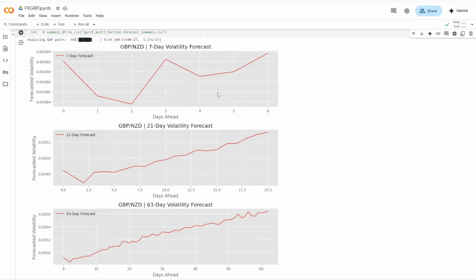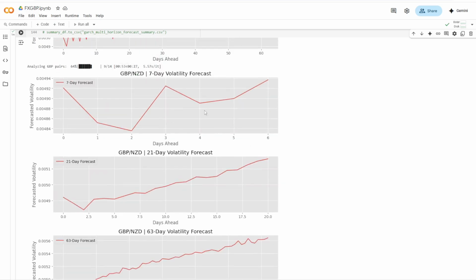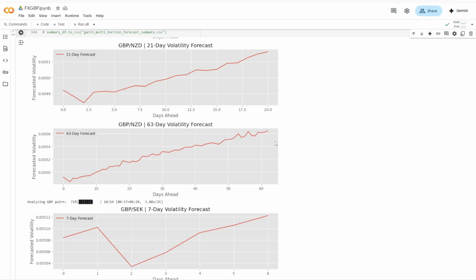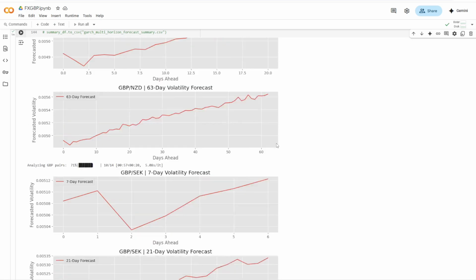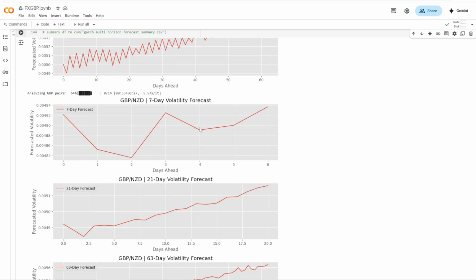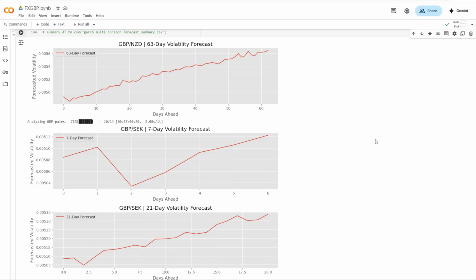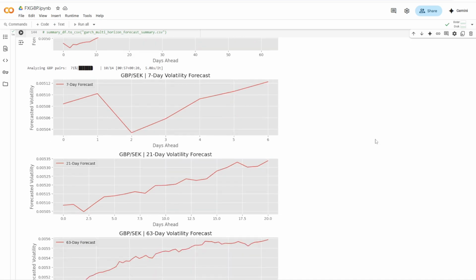New Zealand, I don't know, but you see the charts, the 7-day chart, of course, there are just 7 data points, so it cannot be like a Picasso. But okay, this New Zealand dollar is very interesting. Okay, Swedish krona.